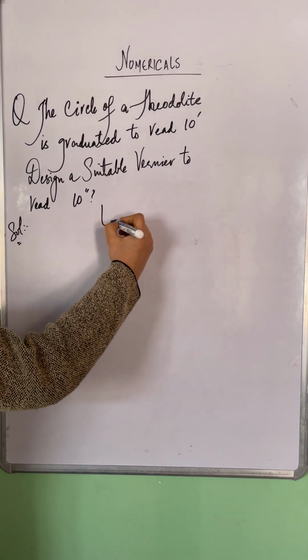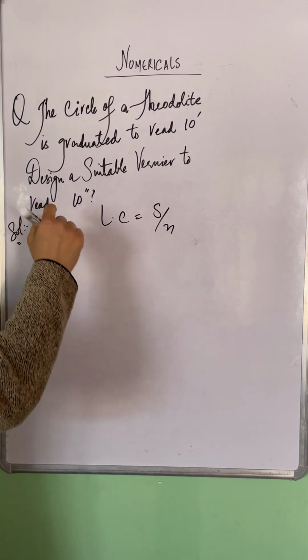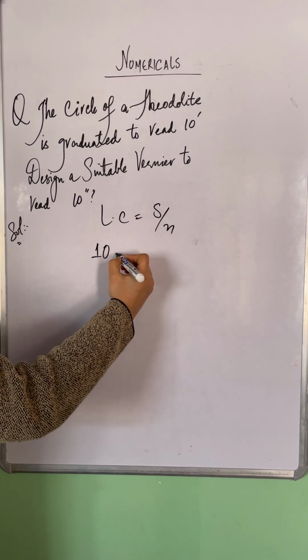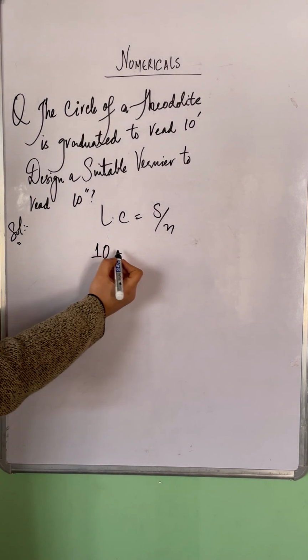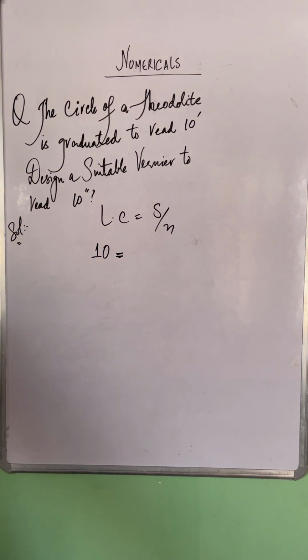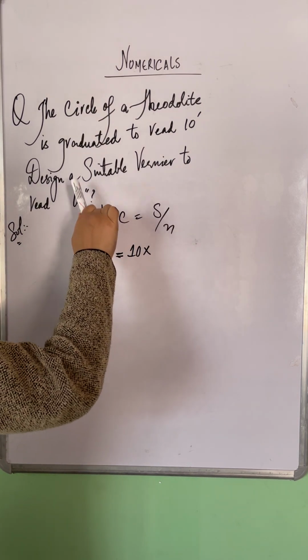What is my least count? S by N. My least count is 10 seconds. What is my S? It has been graduated in such a way that the smallest division is 10 minutes. That means my S is 10 minutes, but I'll convert it into seconds.